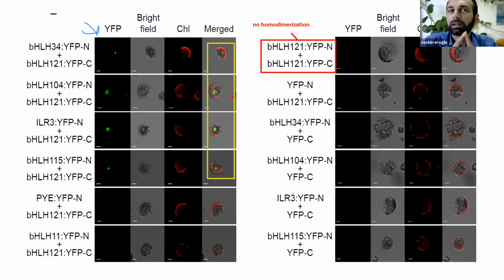There are no other proteins needed. But if we see interaction here, it might be the case that the two proteins are not directly interacting. Maybe there are other proteins in between. Do you think I am right?